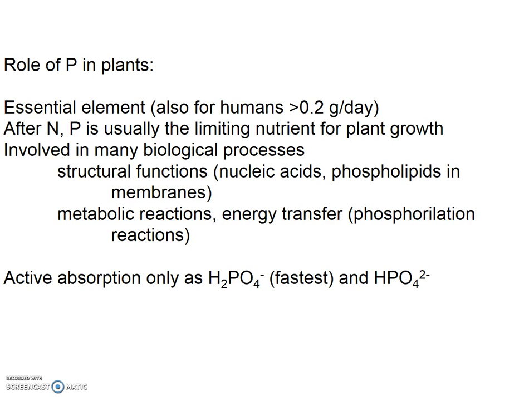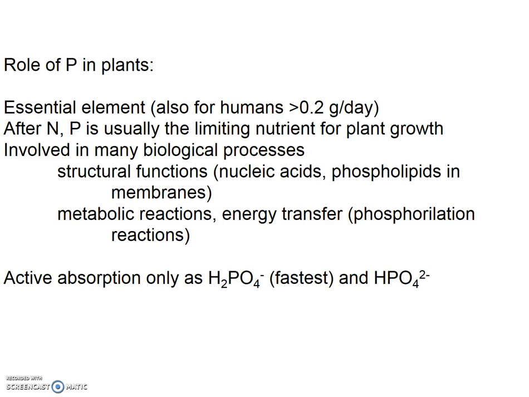First of all, what are the roles of phosphorus in plants? Phosphorus is an essential element for plants, but also for animals. For instance, humans require more than 0.2 grams of phosphorus per day. After nitrogen, phosphorus is the main limiting nutrient for plant growth and agricultural productivity.